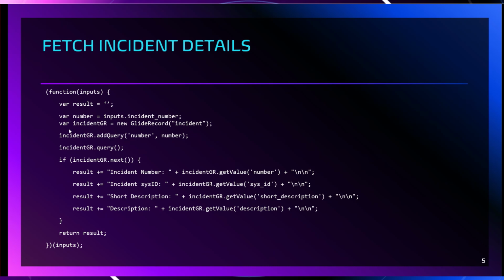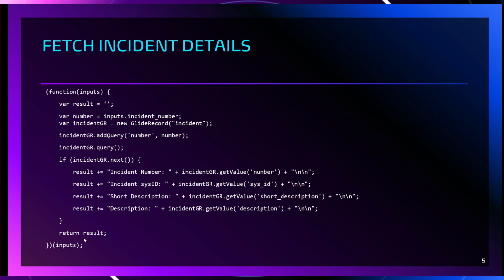Then we declare a result, and you add the instance number in a key-value pair format: the instance getValue number, sys_id, and short description from that record, and then we return that record.